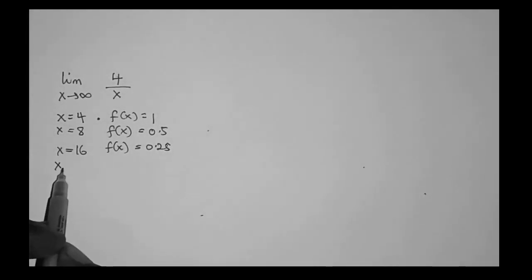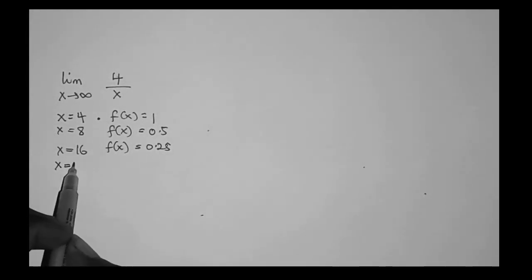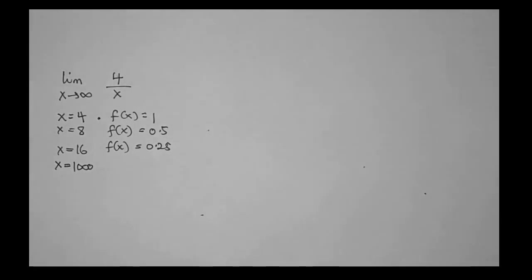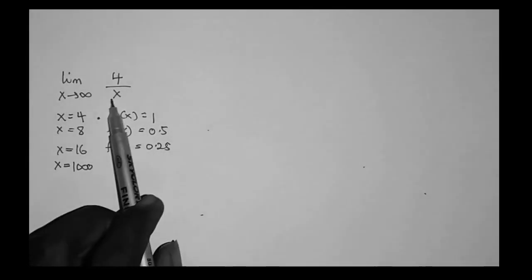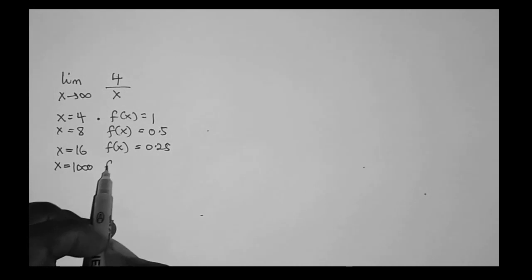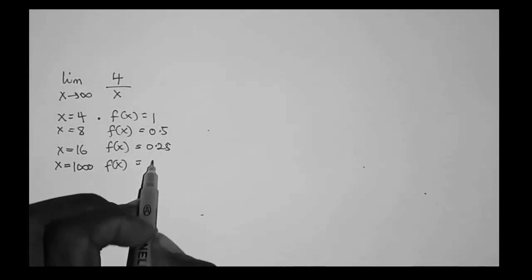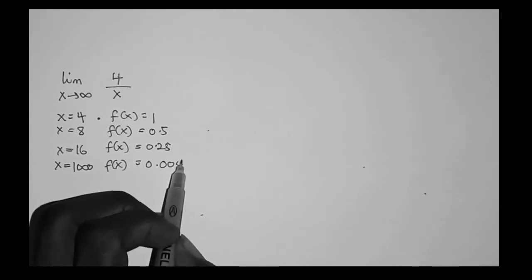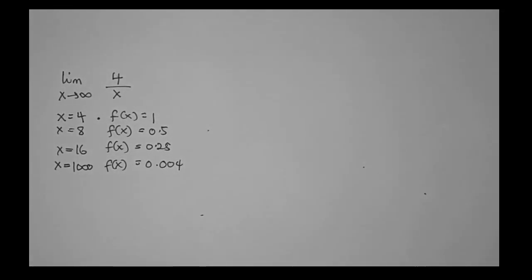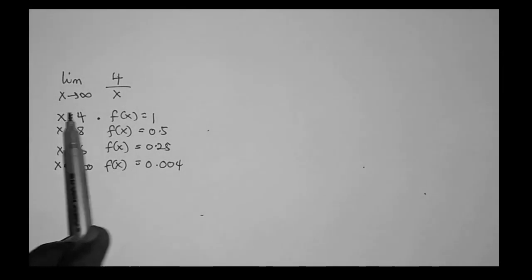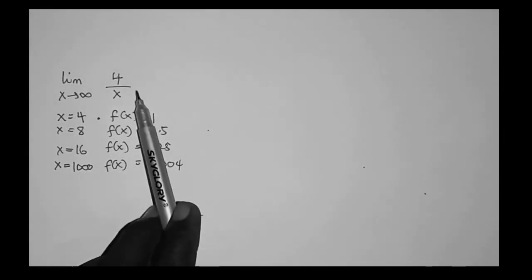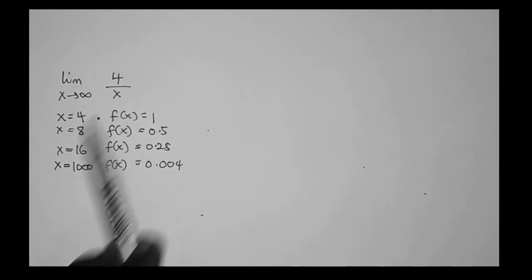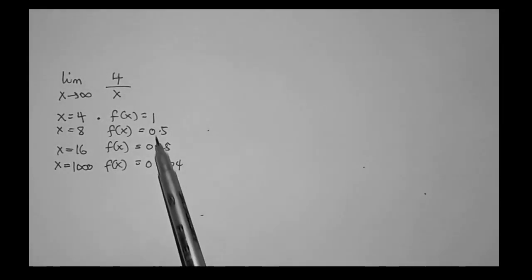What if you make x as big as 1000? If we put 1000 here, f of x will be approaching 0.004. So you see that as the value of the denominator becomes exceedingly large, the value of f of x is approaching 0.